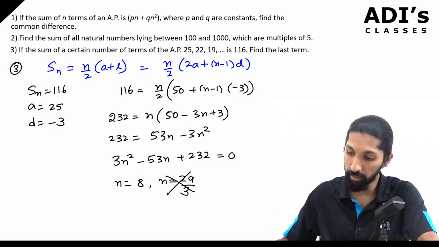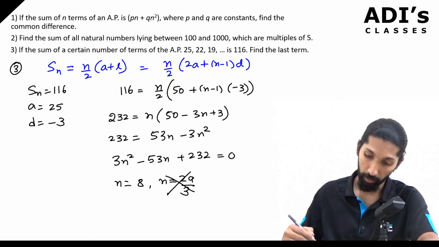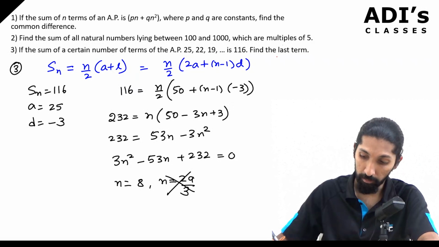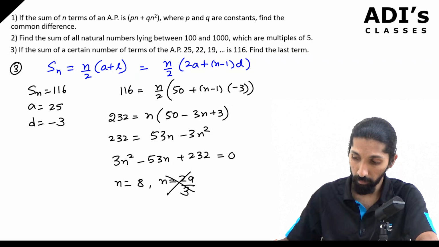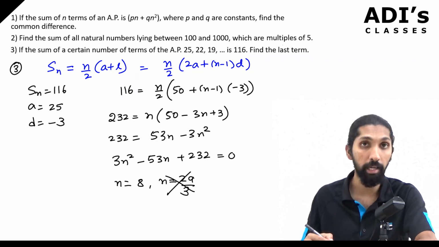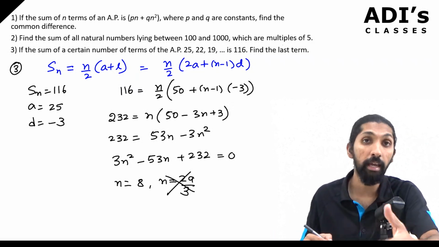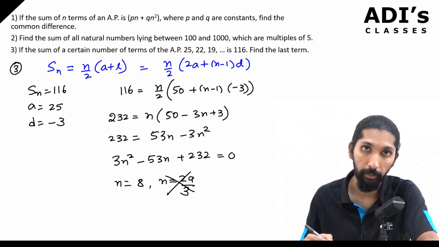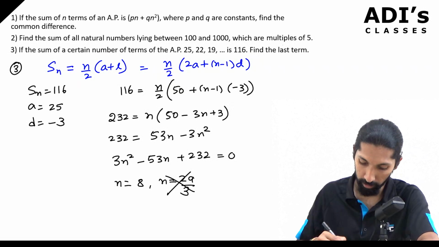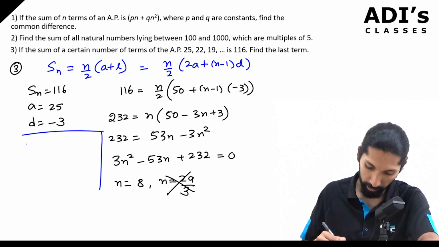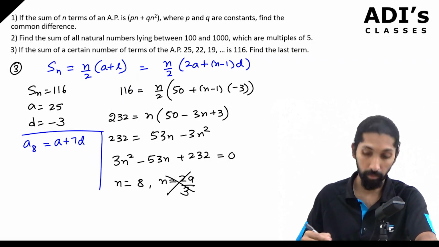So what do we get? N is equal to 8, correct? So we can say find the last term, but for that n value is 8, isn't it? Now since n is equal to 8, the 8th term is what is required, right? So here only I'm going to do the 8th term. See, A8 is equal to A plus 7D, right?